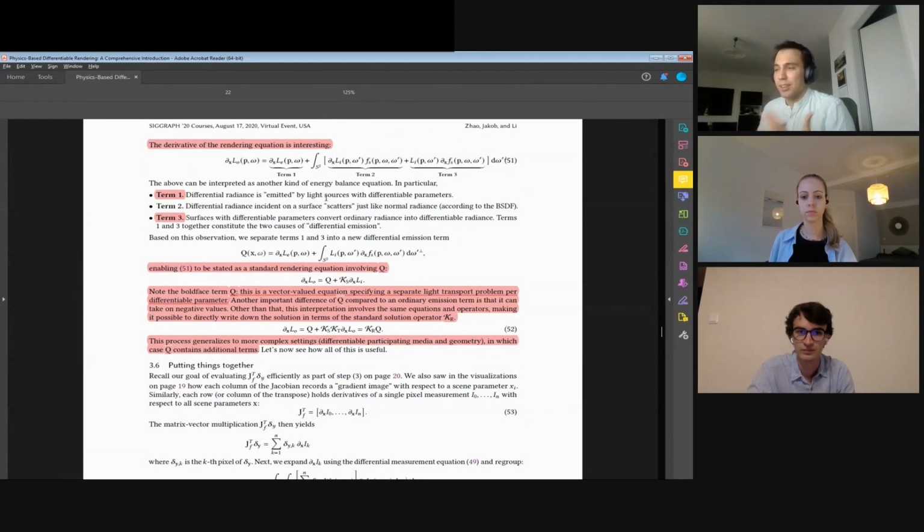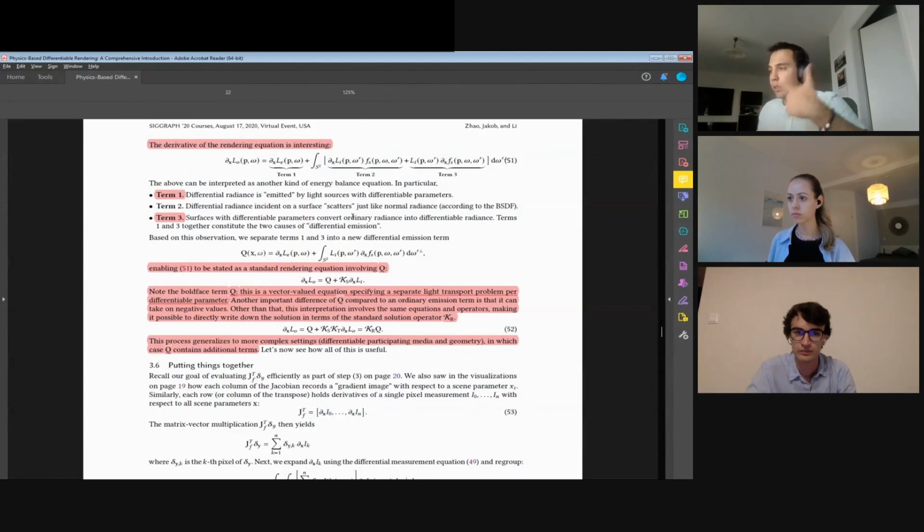They basically tell you that differential radiance is emitted by light sources with differentiable parameters. So differentiable radiance can originate from light sources if you are differentiating that scene parameter. Otherwise, differentiable radiance can originate from the material itself.